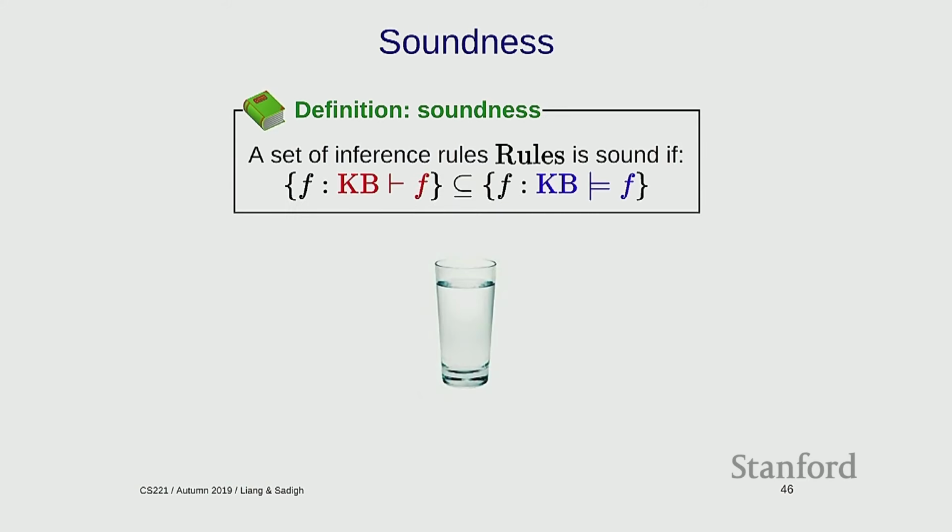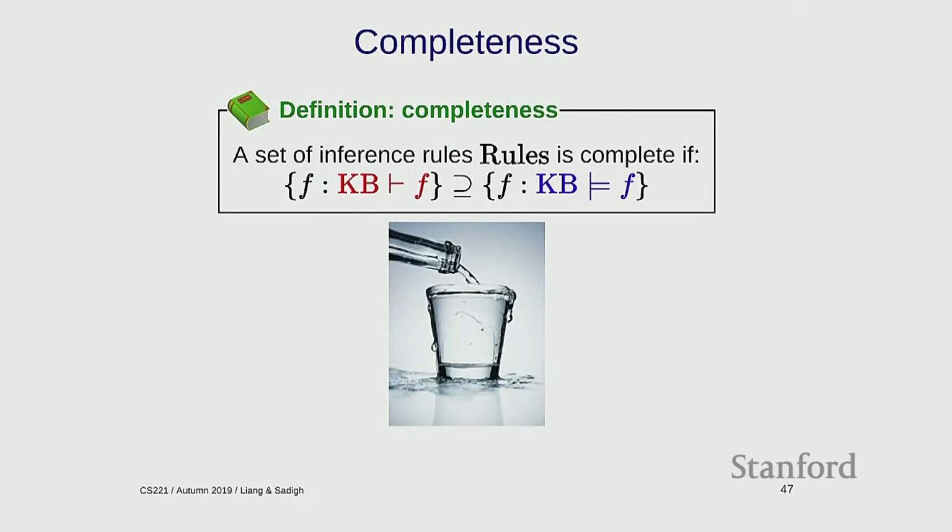So soundness is a property of a set of rules. And it says, if I apply these rules until the end of time, do I stay within the glass? Am I always going to generate formulas which are inside the glass, which are semantically valid or entailed? Okay, so soundness is good.